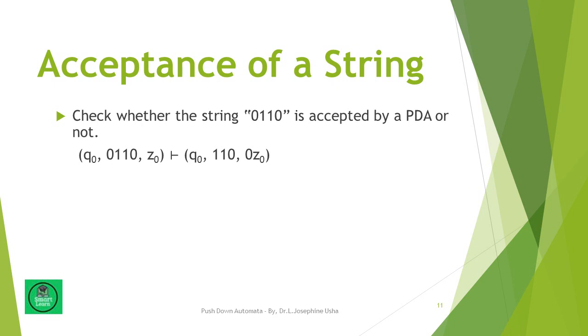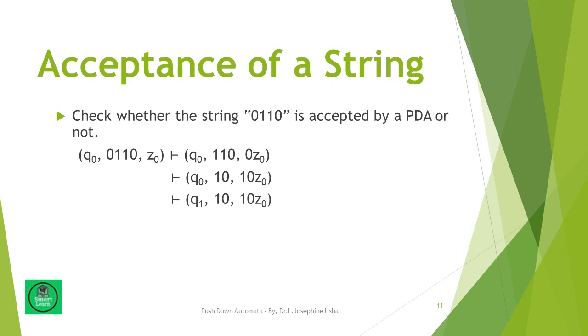The configuration of the PDA is Q0, 110, 0 Z0, where Q0 is the state, 110 is the remaining input and 0 Z0 is the stack content. In the next step you read the next input symbol, that is 1, giving Q0, 10. Again you push the symbol into the stack.